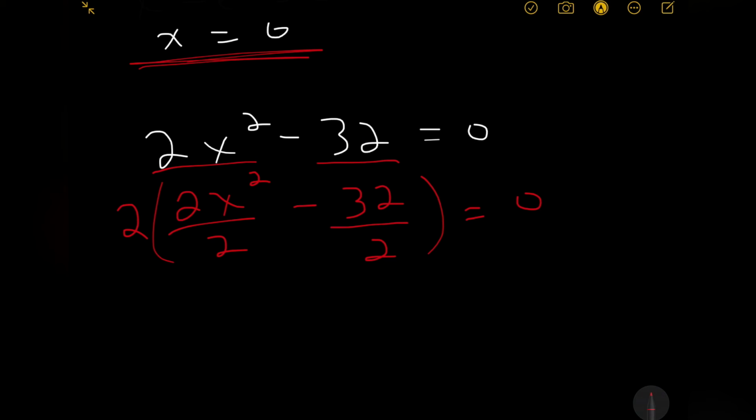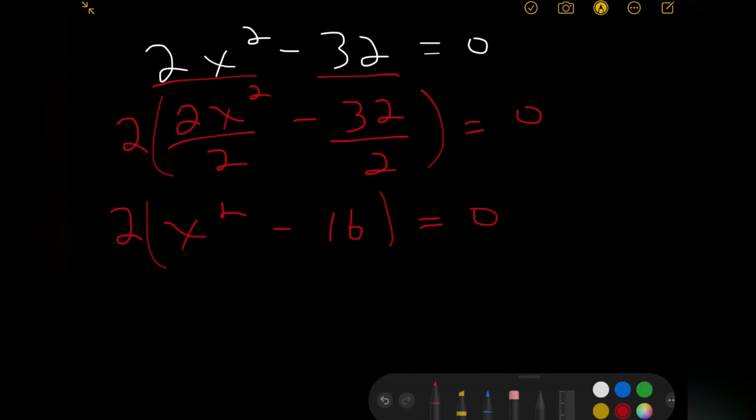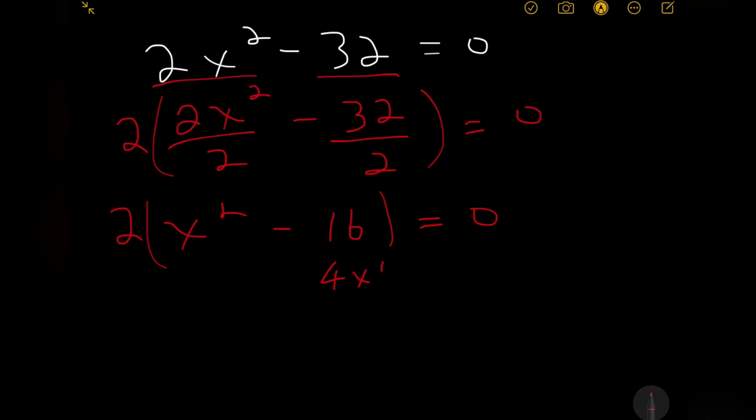When we simplify what's inside the bracket by dividing by 2, we have 2 times x squared minus 16, and that's equal to 0. Now inside the bracket we have the difference of two squares, and that is because 4 times 4 is 16, and again these are factors, so I just factorized the 16 there.